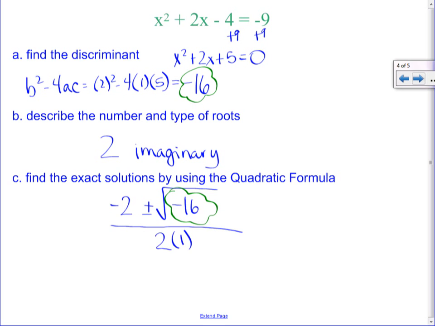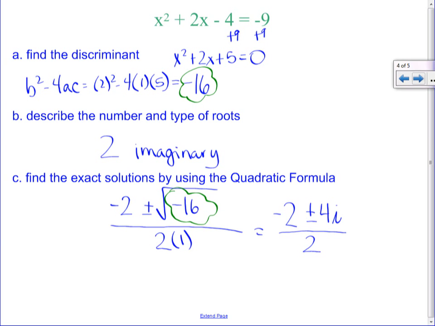Now somebody said that this over here is 4i. And why is it 4i? I understand the 4, but tell me why it's I. Yeah, anytime you have a negative under a root, remember an I comes out, that imaginary notation. Okay, over 2. But we could simplify this, right?